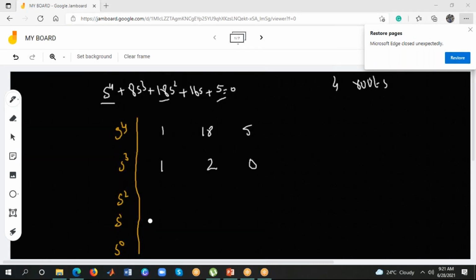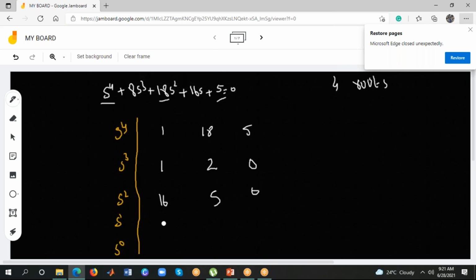What is the first element in this s square? 16. And the second term? What is the second term here? 5. And it is 0.